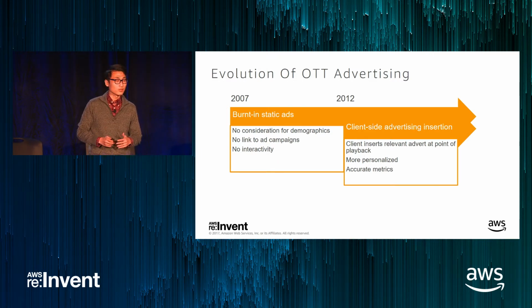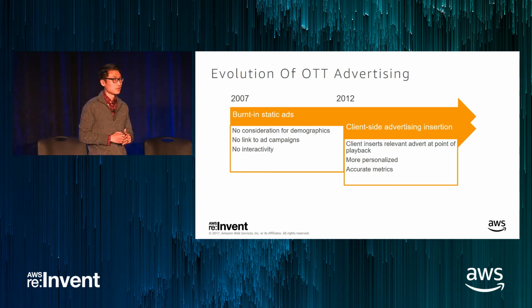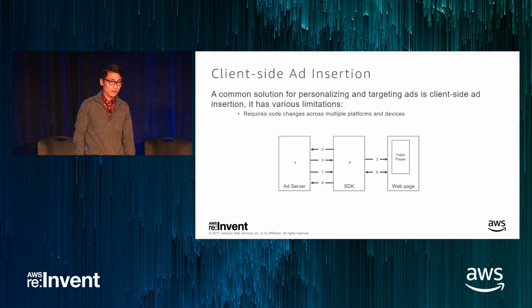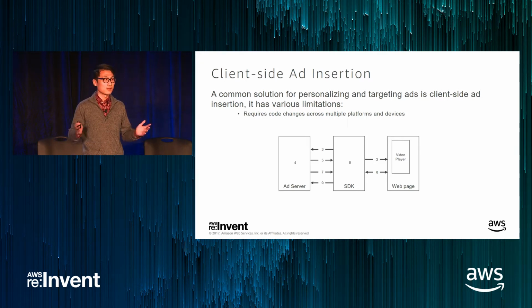But even though client-side ad insertion, specifically through OTT, allowed the democratization of video monetization for customers, there are a few very apparent downsides to this process. The first and probably most obvious one is that for video distribution on the internet today, you want to target a whole variety of devices.